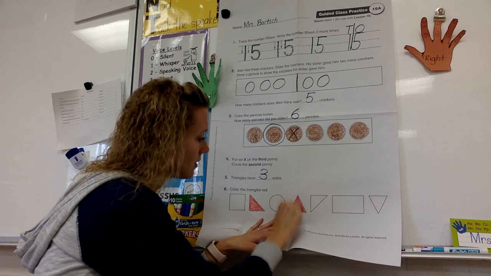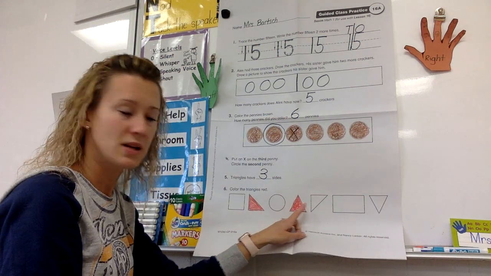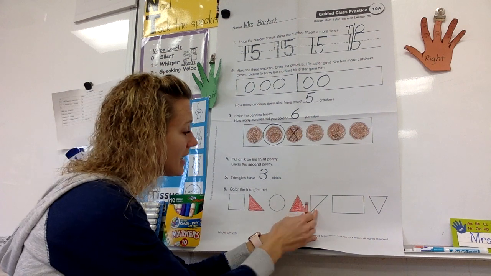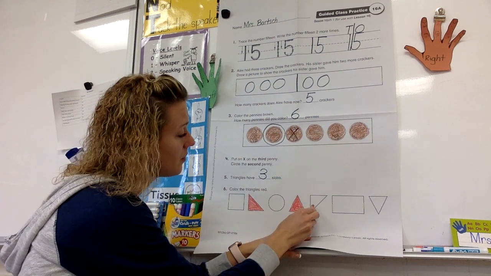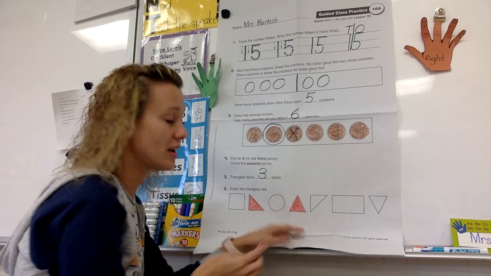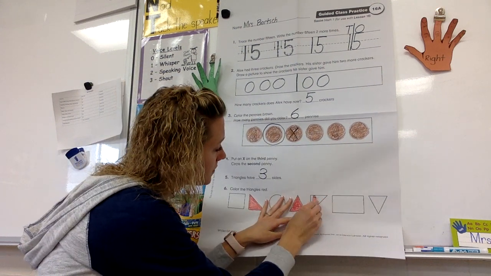All right. Is this a triangle? Let's count how many sides. Ready, set, go. 1, 2, 3. That one is a triangle. So we're going to color that one too.